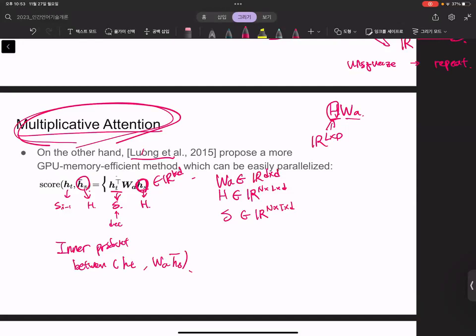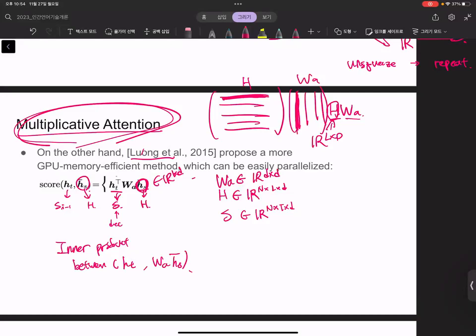Okay. So this is H, and this is W, and this vector is we take inner product between this row vector and the column vector, right?